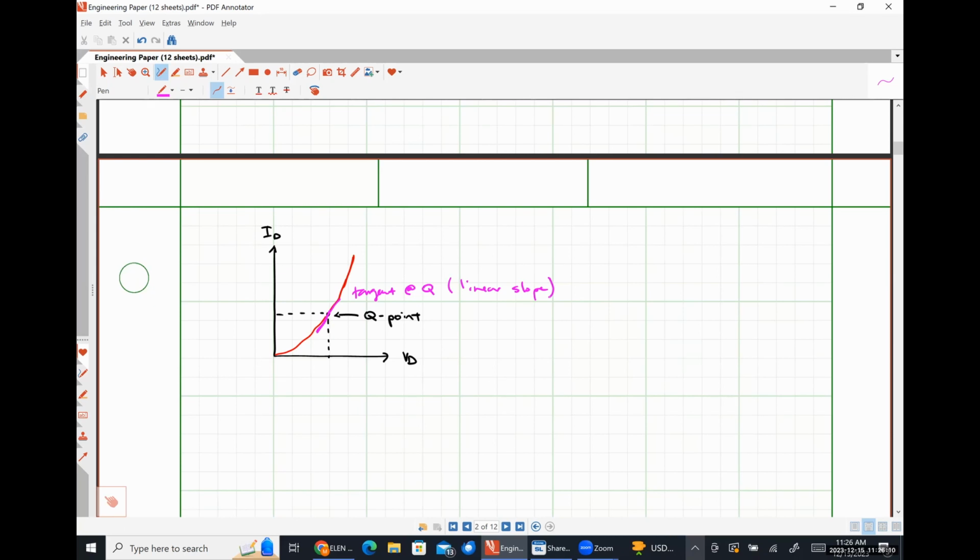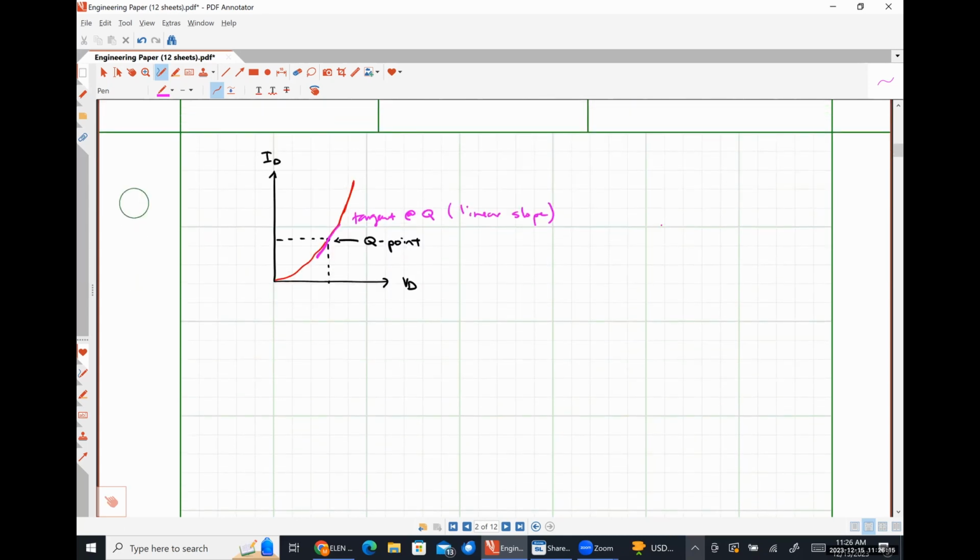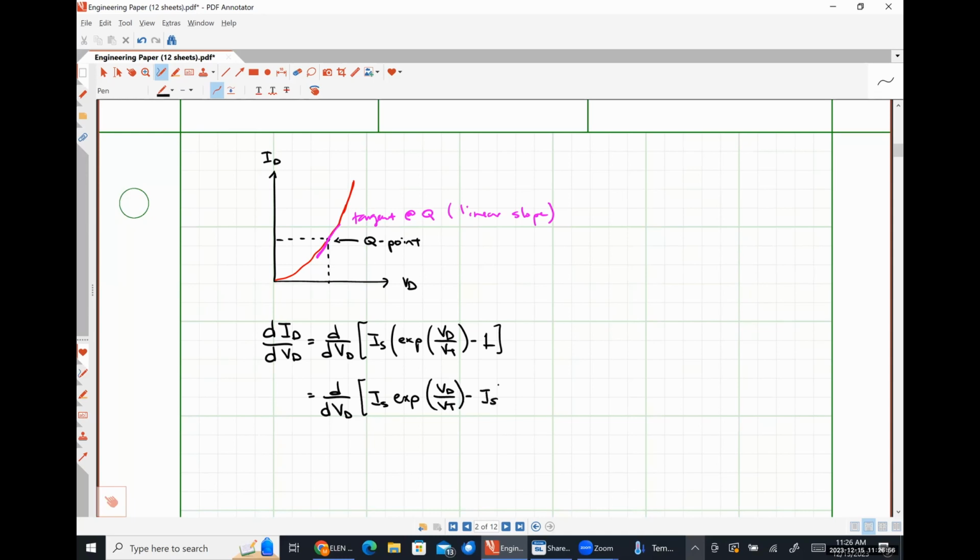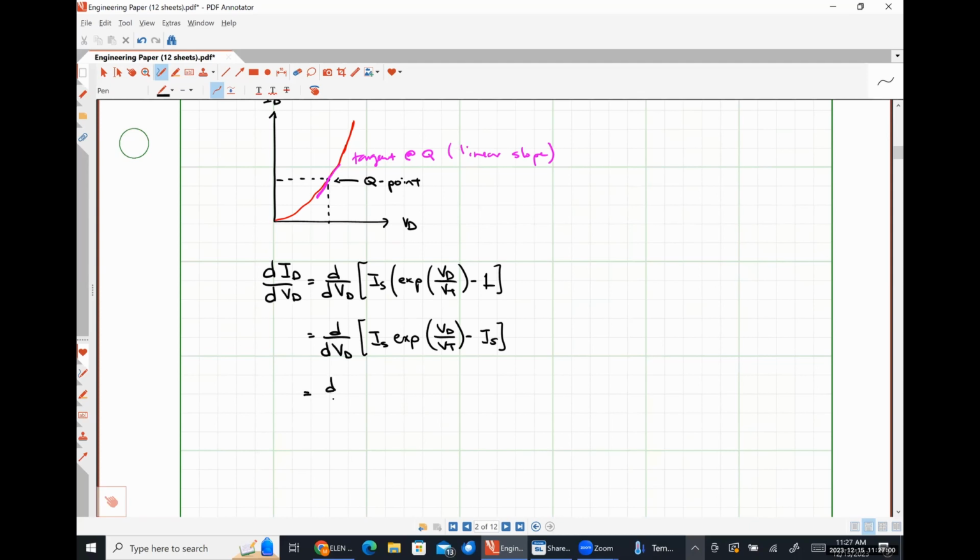So if the perturbations for our diode voltage are small, then we can say that the derivative of our diode current with respect to our diode voltage is going to be the derivative of IS times the exponential of VD over VT minus 1, which is the derivative with respect to VD of IS exponential VD over VT minus IS, or the derivative of IS times exponential of VD over VT, minus the derivative with respect to VD of IS.